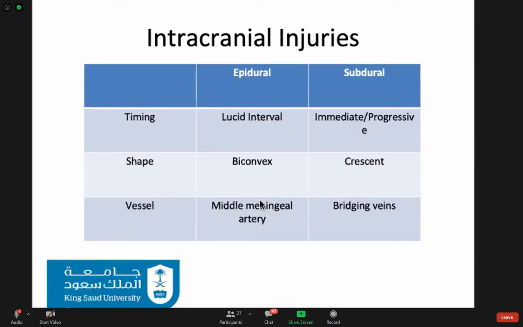In the subdural, it's immediate and progressive; it doesn't have a lucid interval. The shape of the epidural is biconvex, so it looks like a lens, and the subdural is crescent-shaped. The vessel involved typically is the middle meningeal artery in the epidural, and the bridging veins in the subdural.